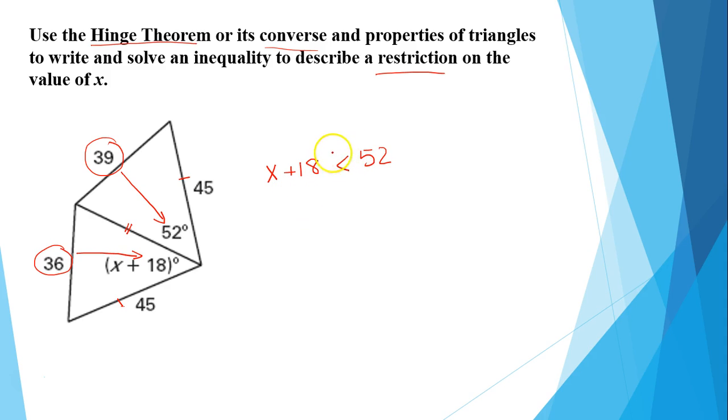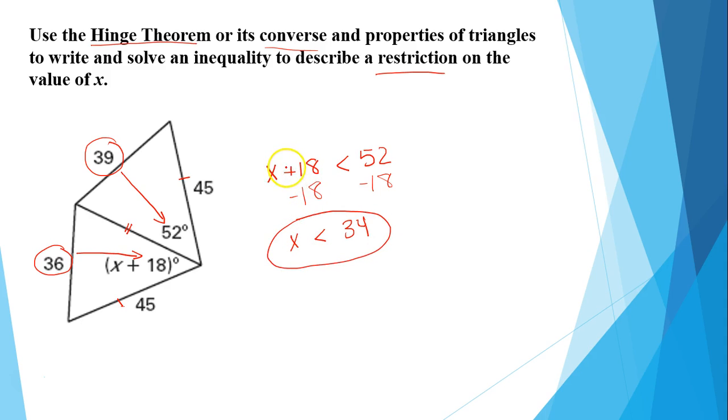And we do that just as if this was an equal sign. I'll tell you a difference in just a second. In this case, we can just subtract 18 from both sides of the inequality. And we will get 34, I believe. Yeah. And that is it for this one.